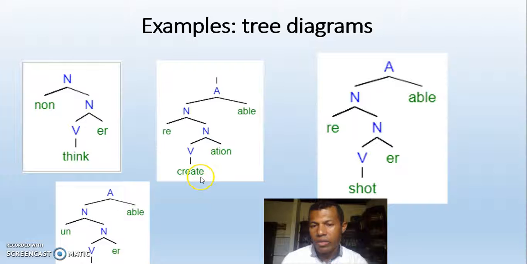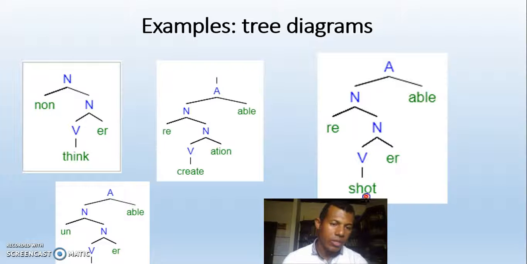In this case, the verb is create. We place this particle, and we have a noun, creation. If we place this prefix here, we have recreation. And if we add this final ending, which is also a suffix, we have recreationable.